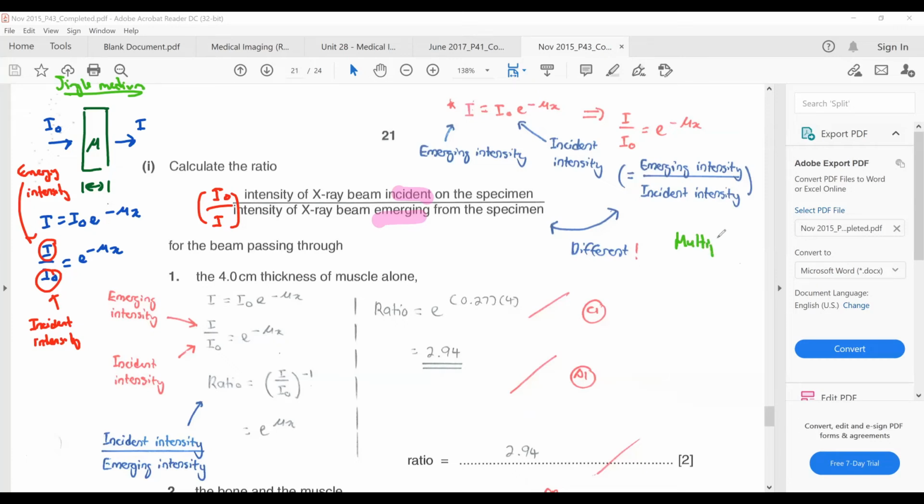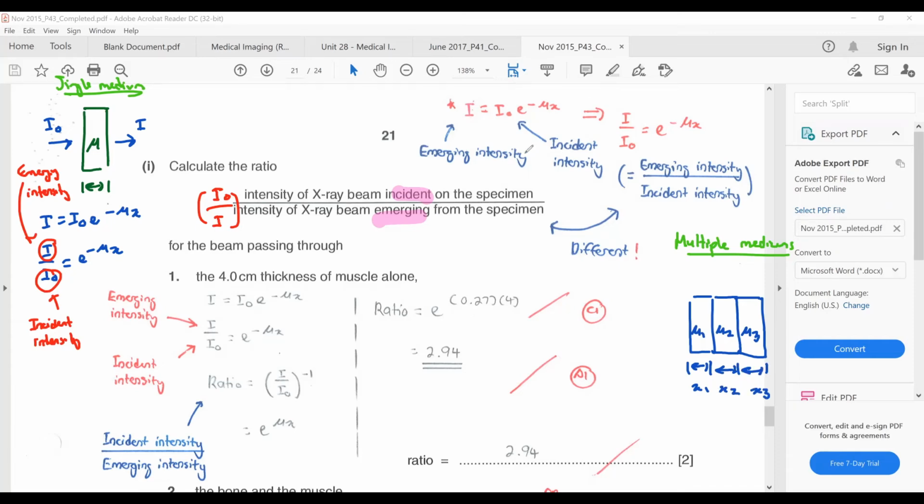Say you have multiple mediums, like maybe you have one medium here, a second medium here, and then a third medium here. This one is maybe mu1, mu2, mu3, and the thicknesses are x1, x2, and then x3.